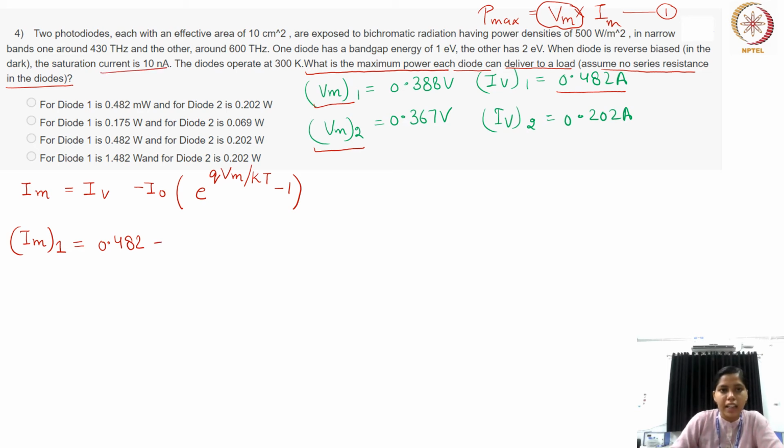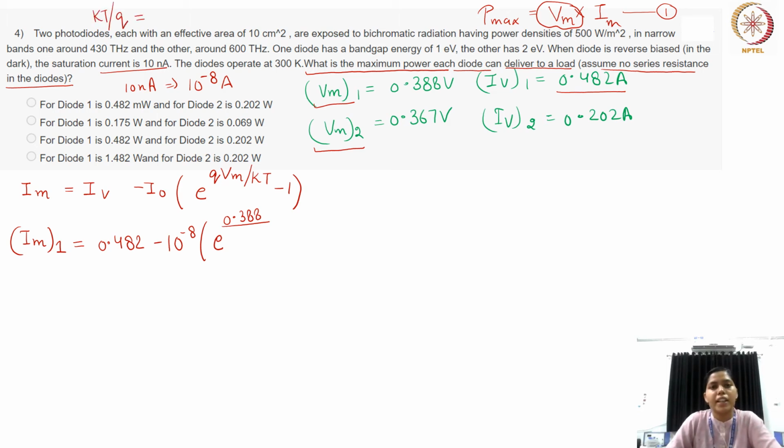I naught is 10 nanoampere, which converted into ampere is 10 raised to the power minus 8 ampere, times e raised to the power Vm for the first photodiode, 0.388, divided by kT divided by Q at room temperature, around 300 Kelvin, which is 0.026 volt, and then minus 1.